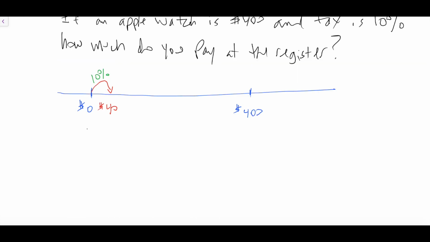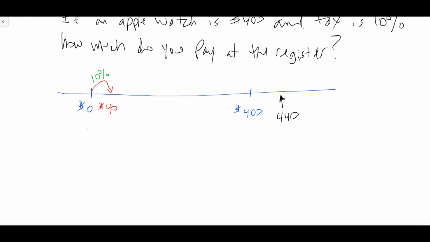So your answer ended up being 440. We're going to do it the way the cash register does it, because the cash register does not do it the way that you just did it. The cash register does it in one step. You did it in 2 steps. You said 400 times 0.10, take my answer, add it to the 400, and that's what I pay.